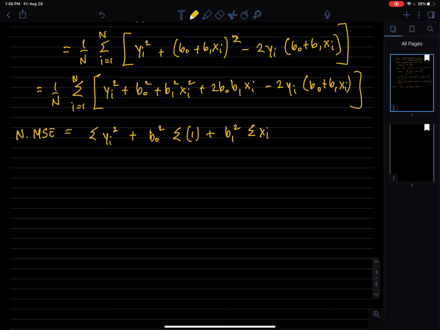And then we have plus b naught b1, 2 xi is what we have here. And then we have these two terms. I'm going to pull the b naught out and then the b1 out. So we're going to have plus b naught, and the coefficient of b naught is minus, oops, I guess I made a mistake here.